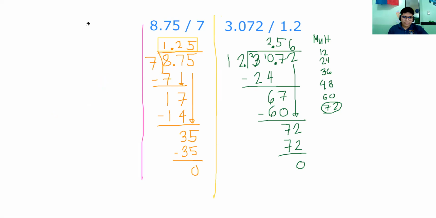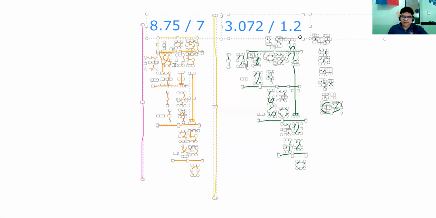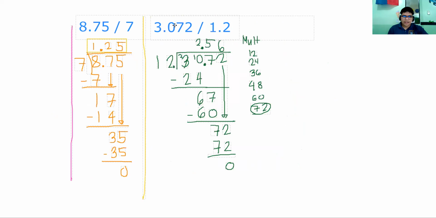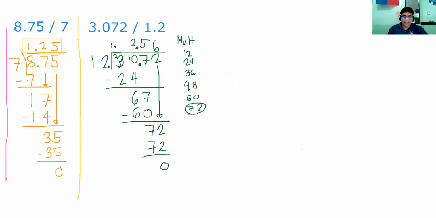Now, if you notice, it's the same as dividing using whole numbers, except you just have decimal points that you consider. If you have a decimal point in the divisor, you want to remove that, put it at the last part so that you can divide easier.